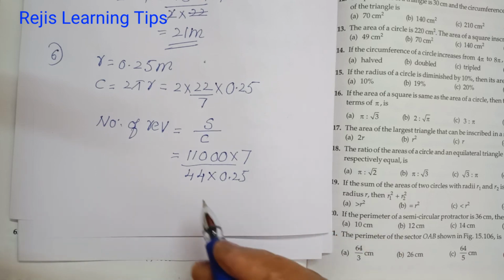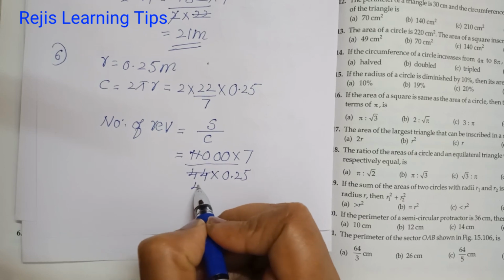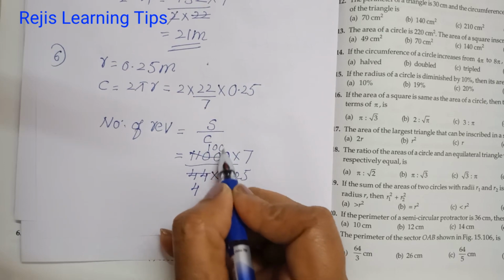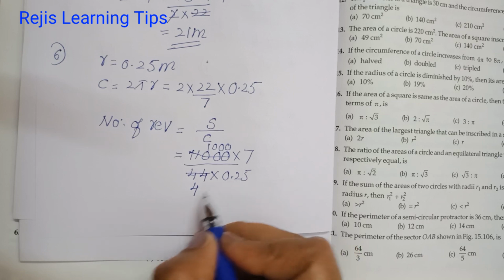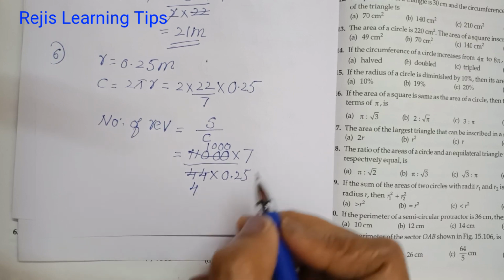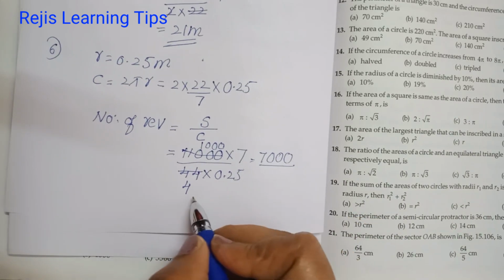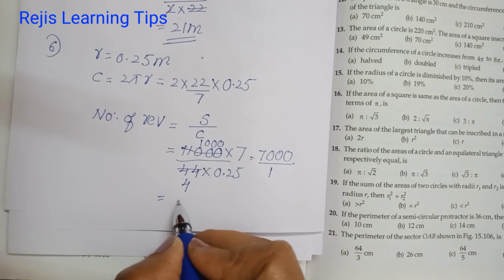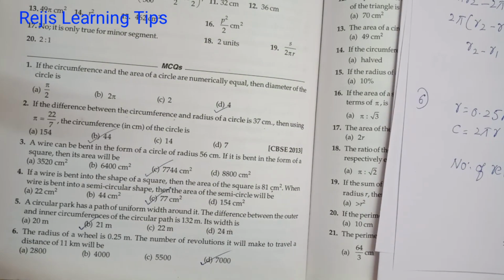Then we can cancel this 11 and 44, then we will get 4, and here we will get 1000. Then 0.25 into 4, that means here 7000 divided by 25 into 4 means 100, then we will get 1. So our answer is 7000 revolutions. So our option is D.